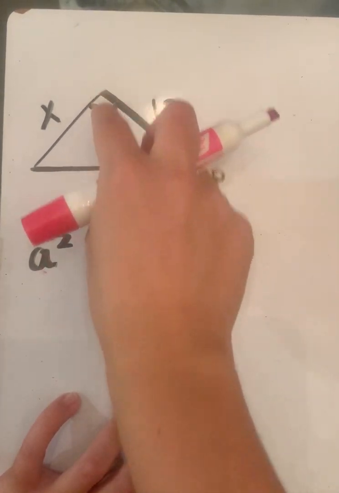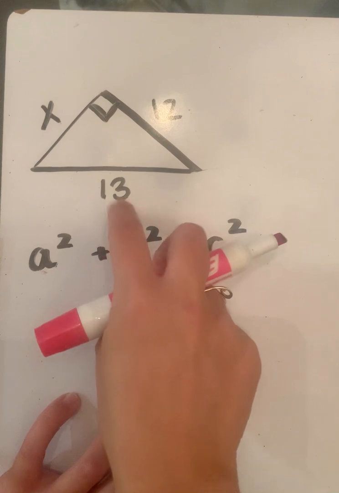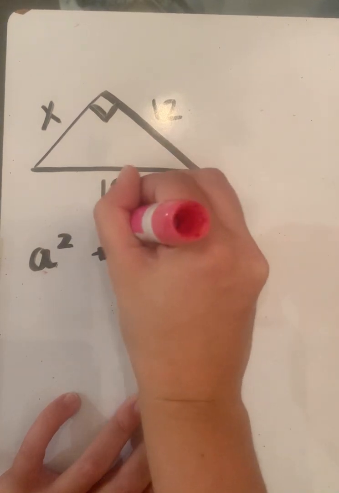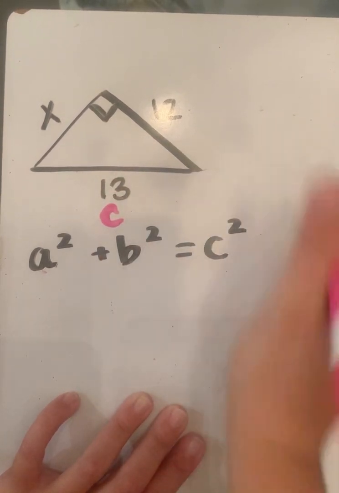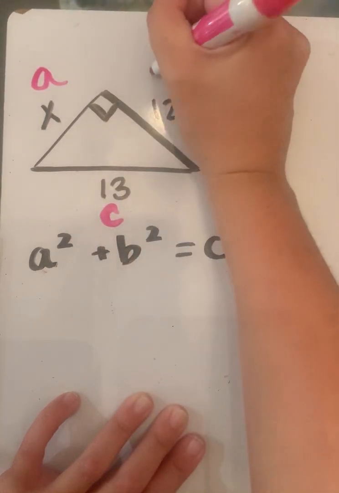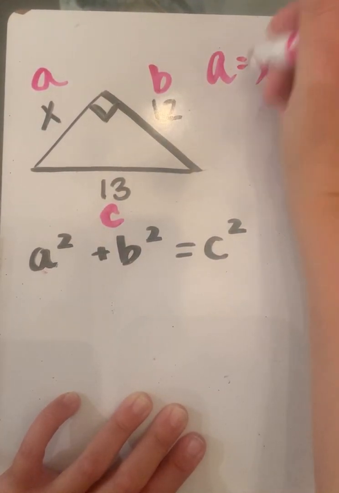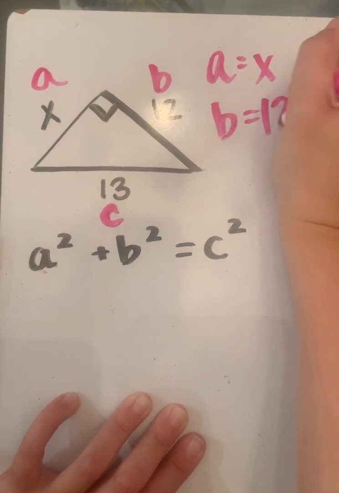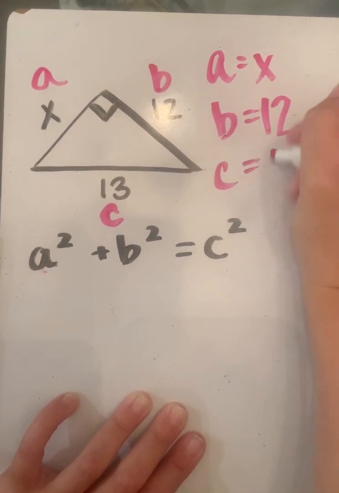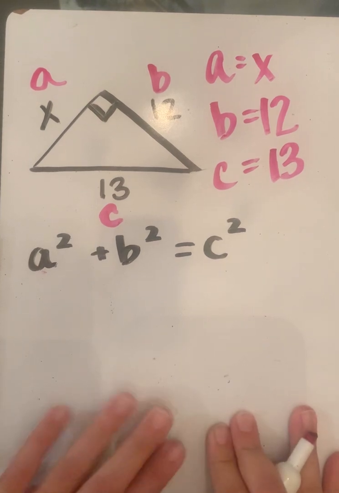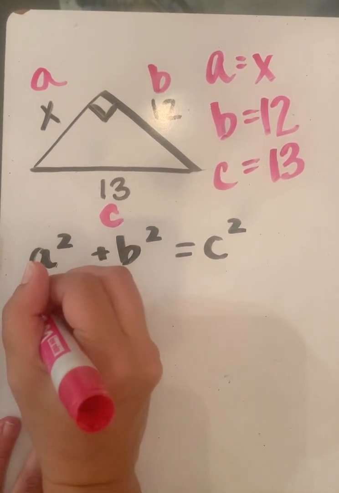So I'm always going to look, right angle is going to point to C, or the hypotenuse, and then A, B. So in this case, A is equal to X, B is equal to 12, C is equal to 13, and I'm going to sub in.